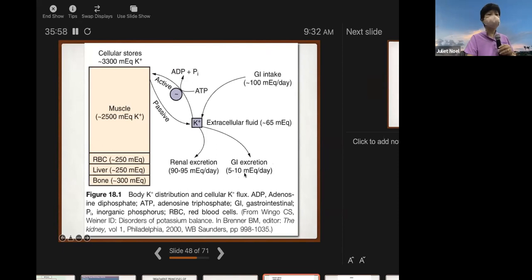GI excretion is 5 to 10, normal. But if you have diarrhea, then that's another problem, no? The extracellular fluid has only about 65 mEq. Your intake is approximately 100 mEq per day.